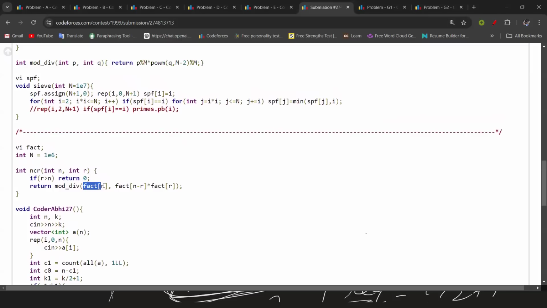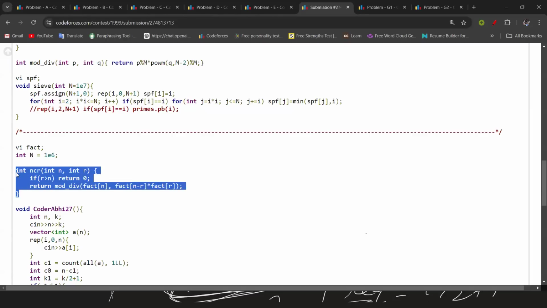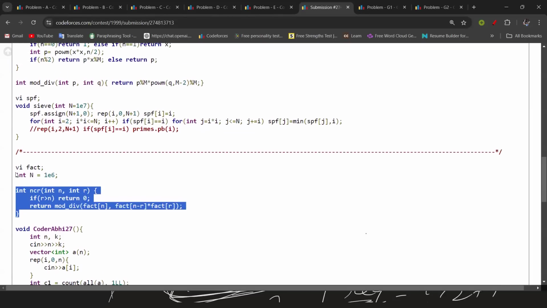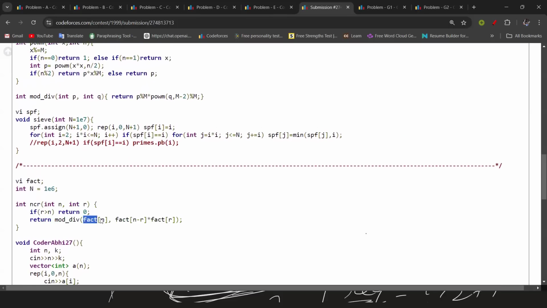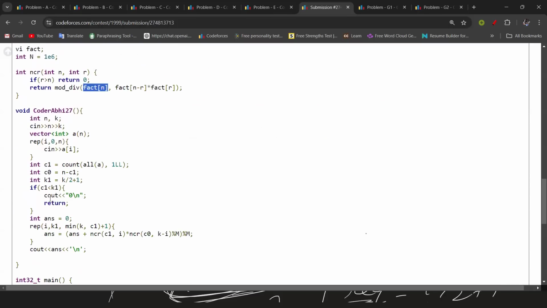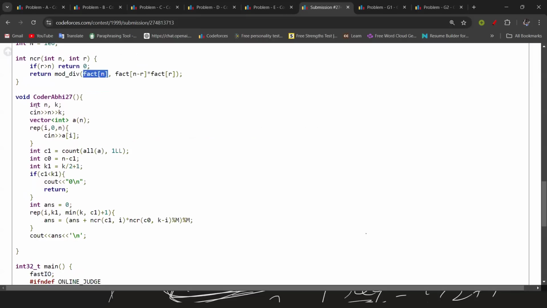Now, what I need to do is factorial of n divided by factorial of n minus r into factorial of r. So this function is returning me the nCr value. I hope this nCr is clear. I'm doing it in log n by pre-computing my factorials. So I've created this nCr function. Now let's come to the actual code. We have taken n and k as input.